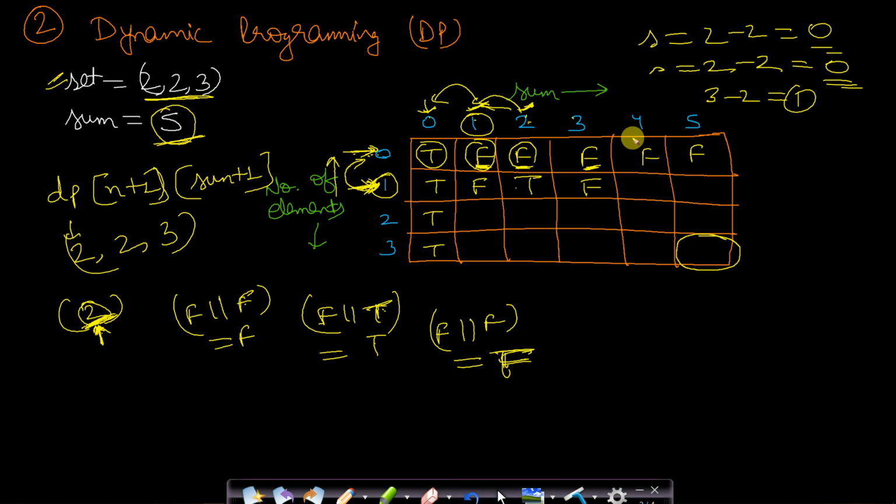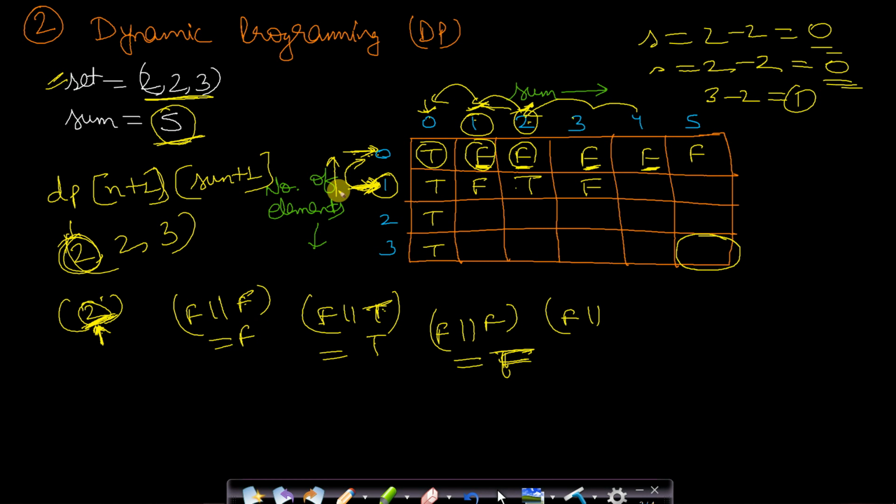Now when we are required to find a sum 4 by not including this first element, it will be false. So the first option will be false. And when we are including the first element, then the sum value will decrease by 2, since the value of this first element is 2. So we will move to the left by 2 hops and we will reach here, 2.